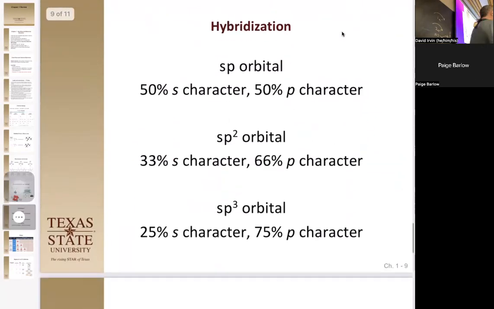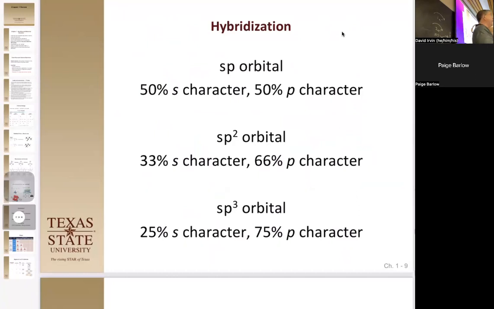Okay, so the other thing about this is the s character. The anion of the acetylide ion is more stable because it has more s character. Those electrons are going closer to the nucleus, which means that its acidity is higher than that of an alkene, and the alkene's acidity is higher than that of an alkane. It's all about this s character: 50-50 in the sp, 33% in the sp2, and 25% in the sp3.